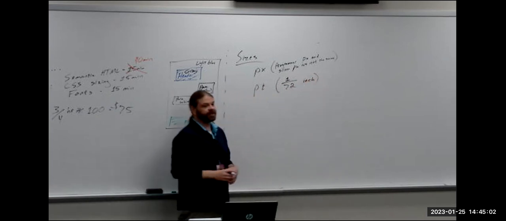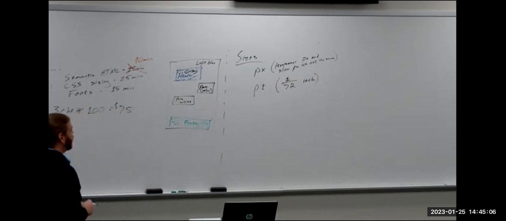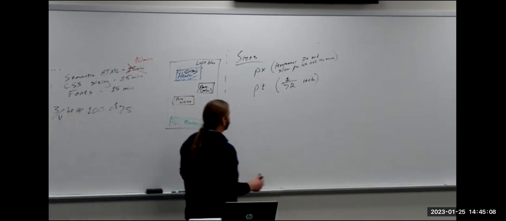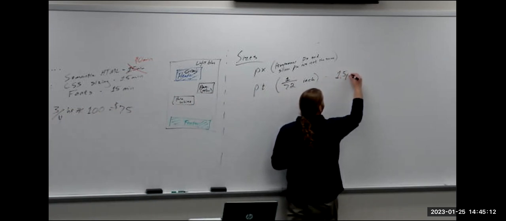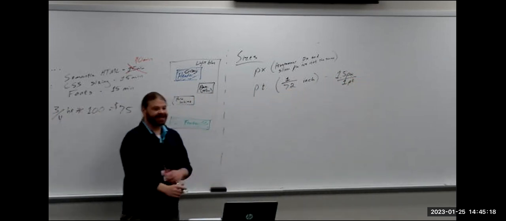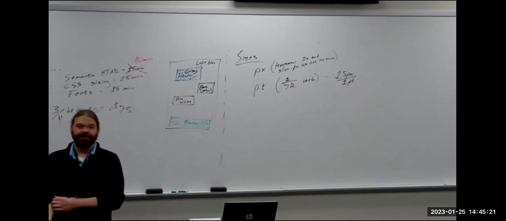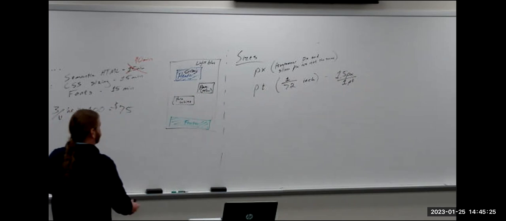One of the traditional measurements. 72 points in 1 inch. It just so happens 1.5 pixels per point. Since you might want to do some translating there, because oftentimes we'll use different sizes. There's different ones we can do.